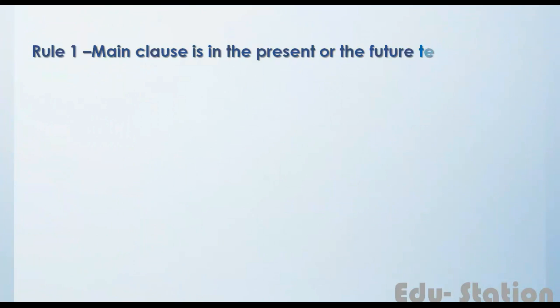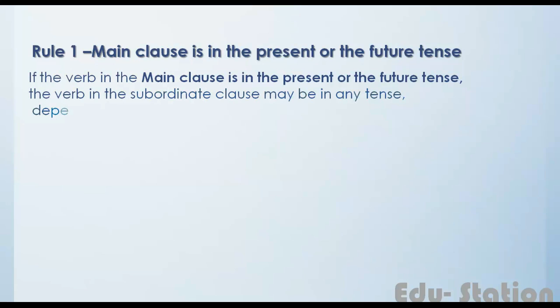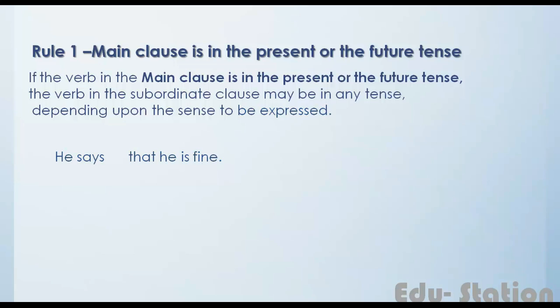Now the rule number one, if the verb in the main clause is in the present or the future tense, the verb in the subordinate clause may be in any tense, depending upon the sense to be expressed. For example, he says that he is fine. Right now, here we are using a present tense.